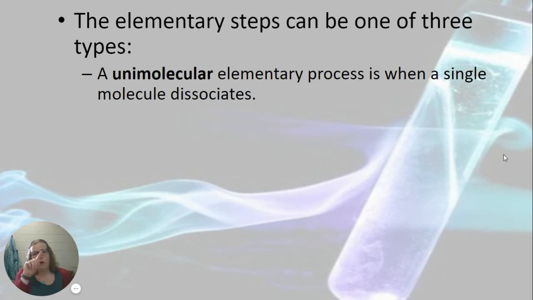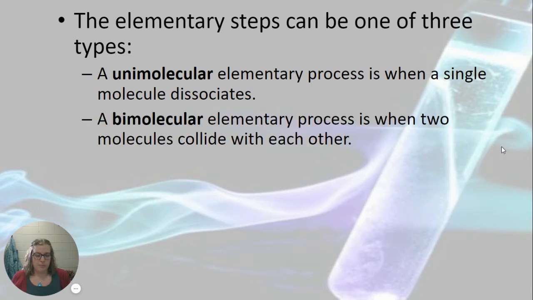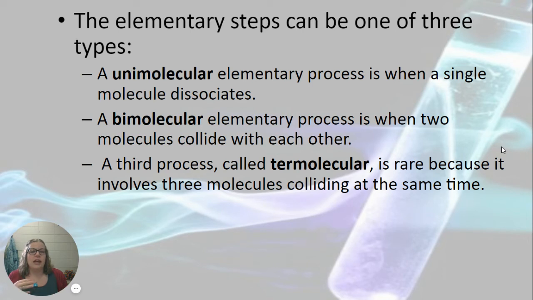So if there's only one reactant, that elementary step is called a unimolecular step. If there are two reactants in an elementary step, it's called a bimolecular reaction. And if it has three different things, it's called a termolecular elementary step.